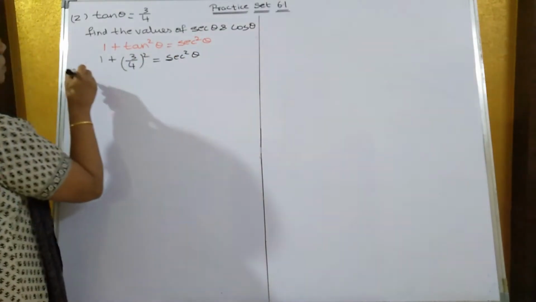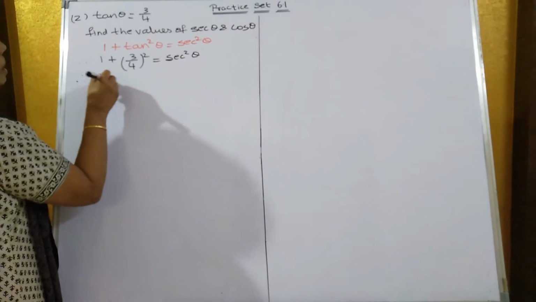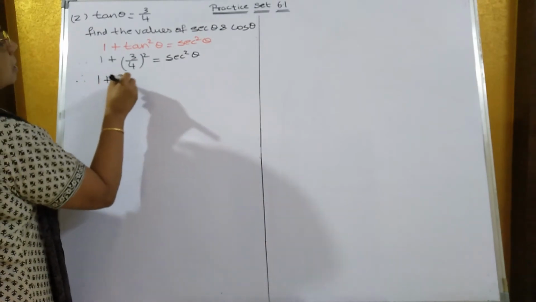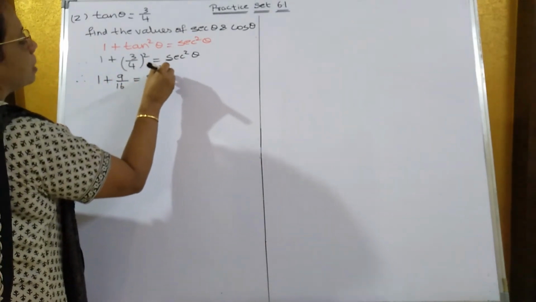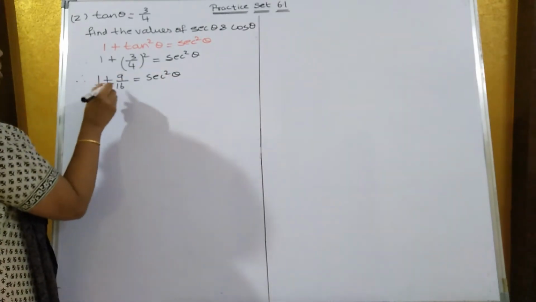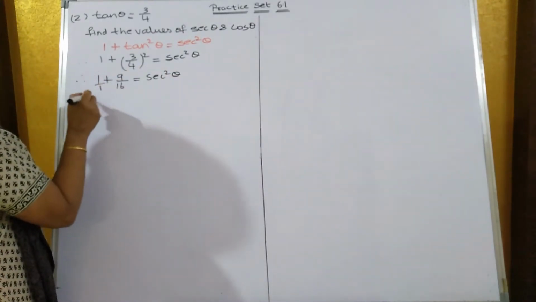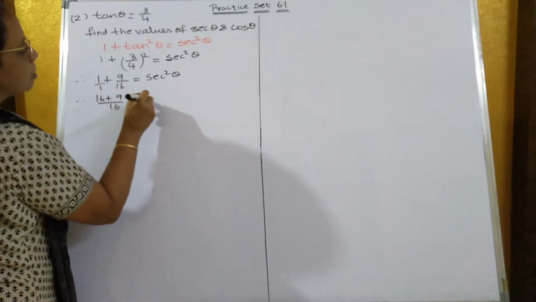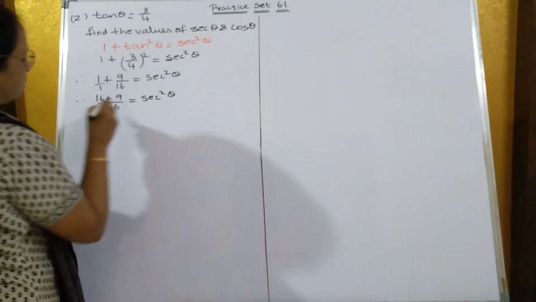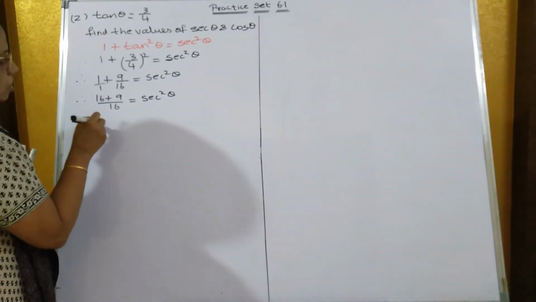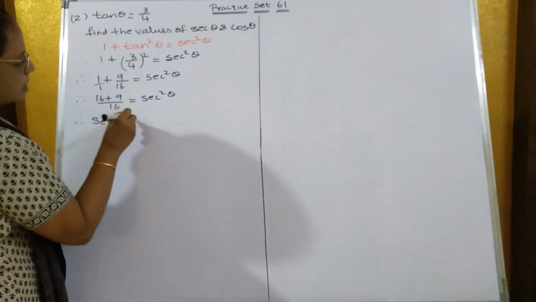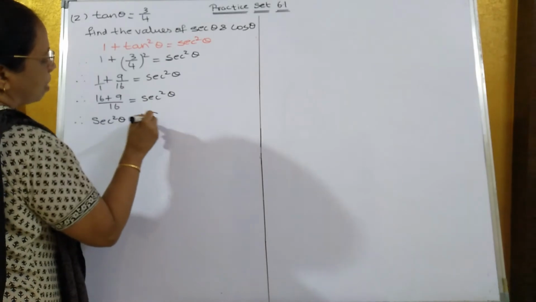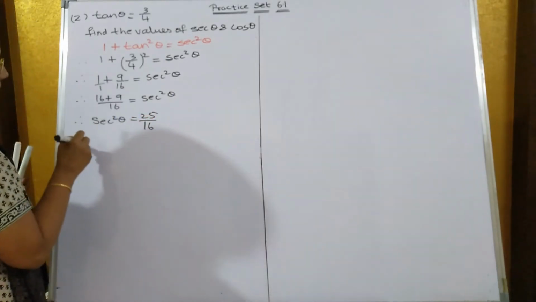Now open the bracket, so you'll get 1 plus 9 upon 16 is equal to sec square theta. Now equalize the denominator, so 16 plus 9 upon 16 is equal to sec square theta. Therefore sec square theta, 16 plus 9 is 25 upon 16.